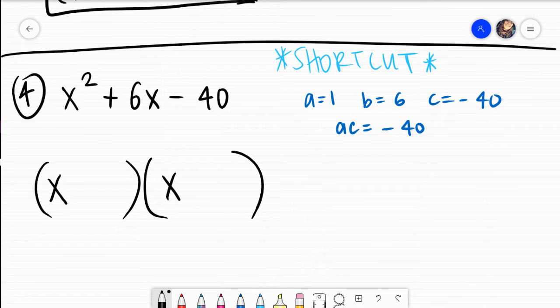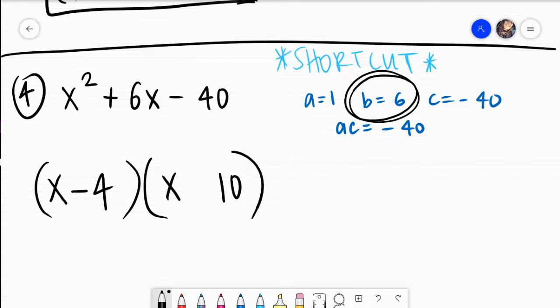So just think about the number 40. I know 2 and 20, 1 and 40. I know if I multiply 4 times 10, I get 40. Because it needs to be a negative 40, one of those needs to be negative. I'm also trying to combine to a positive 6. So look at those two numbers I just filled in there.